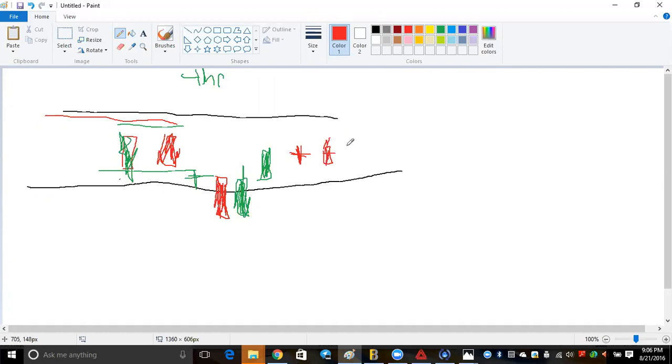Then another one like this, a green bar, another doji type of candle, and then this. So you get the point now, right?